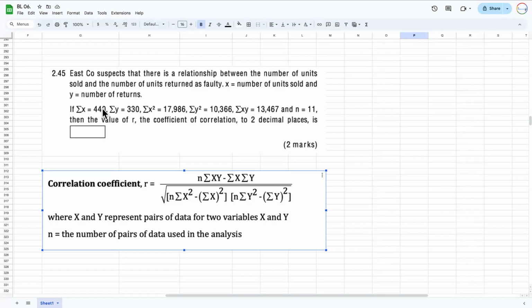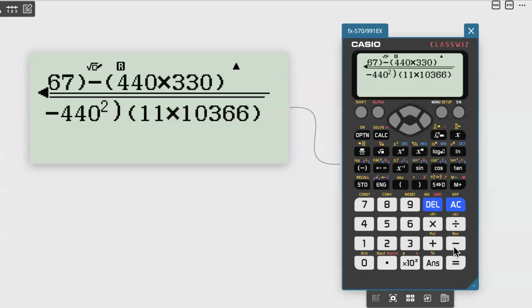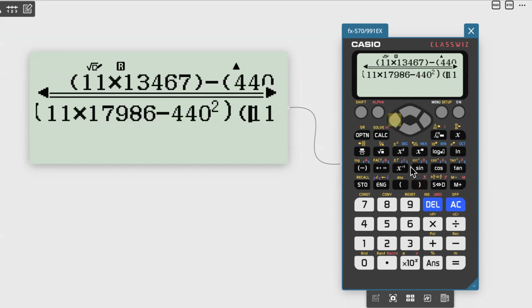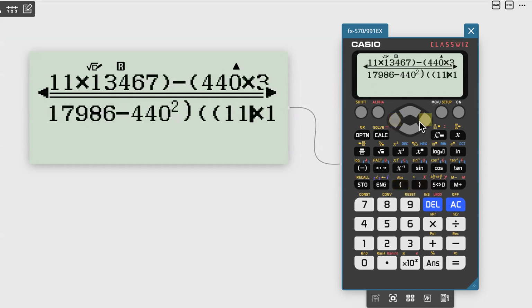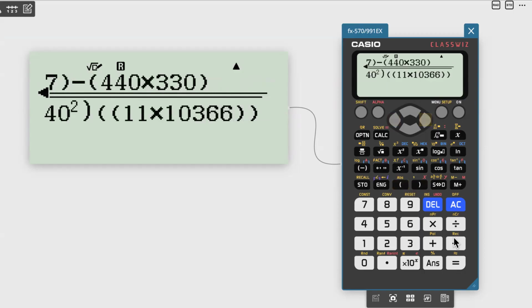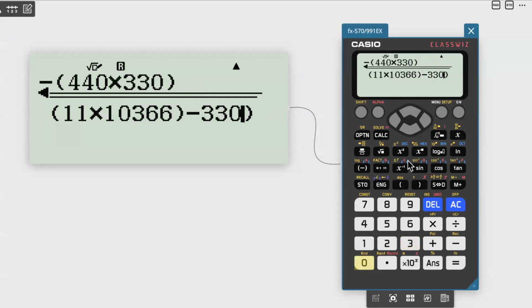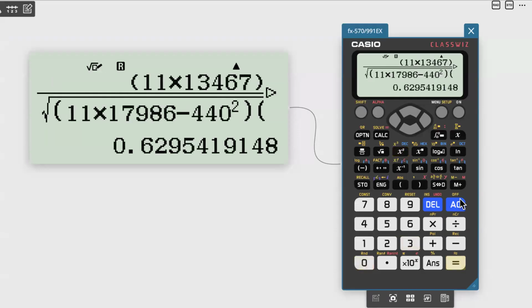Sigma y is 330, so 330 squared. Then you get this number, 0.629.